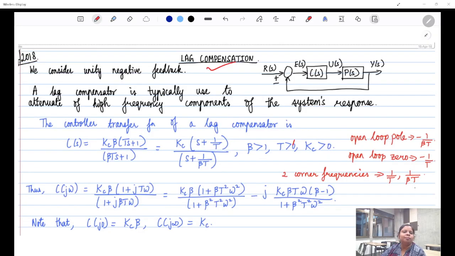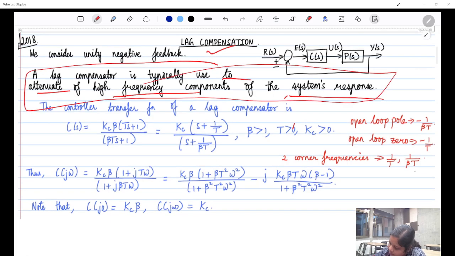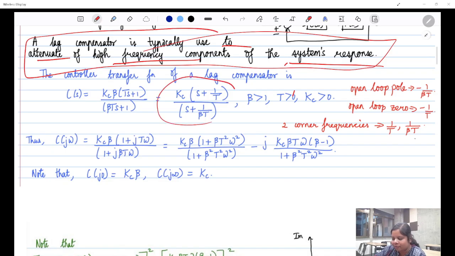So what does a lag compensator usually do? It is used to attenuate high frequency components of the system response. Before seeing why this is written, let's see this. It is also defined in the same way. You can see it has 1 zero and 1 pole, but alpha lies between 0 and 1, and beta is always greater than 1.